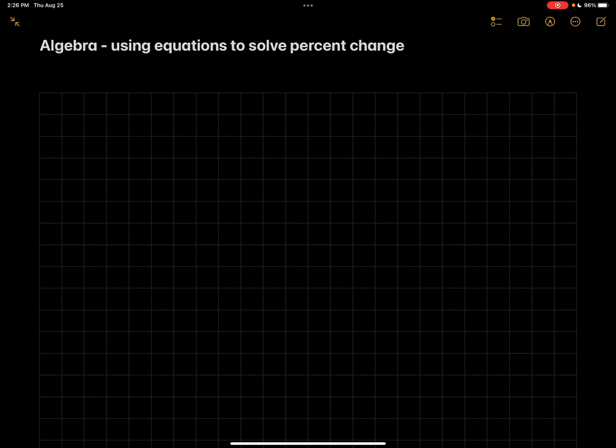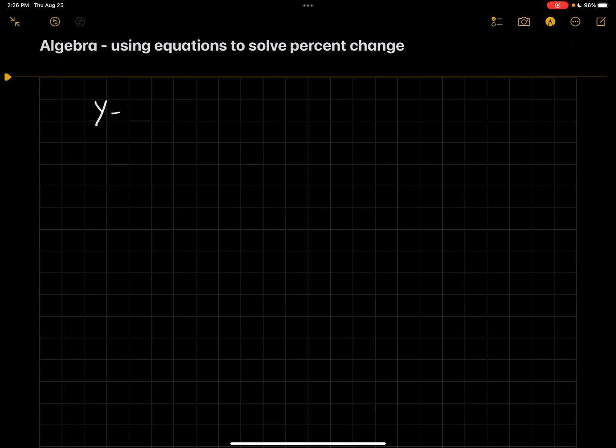So, for example, we're very familiar with the equation y equals mx plus b. And y is what we would call the dependent variable. M is what we would call the slope.